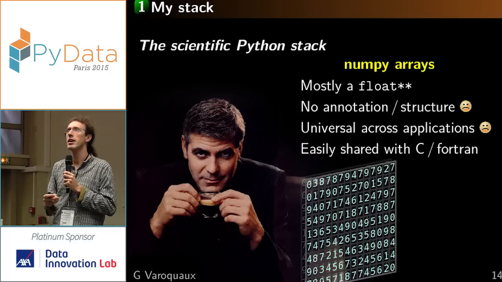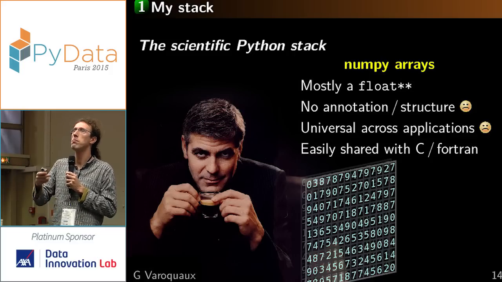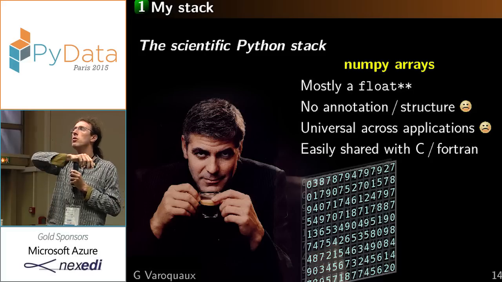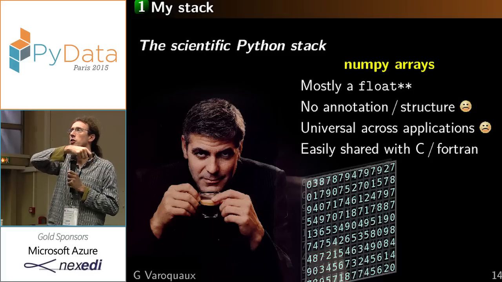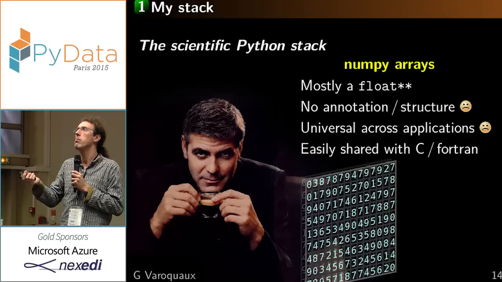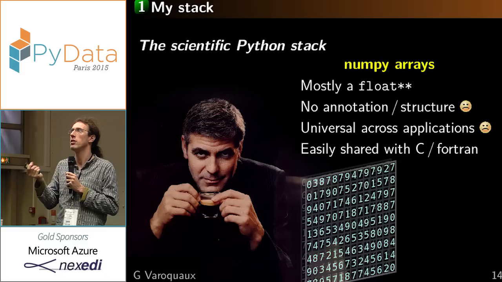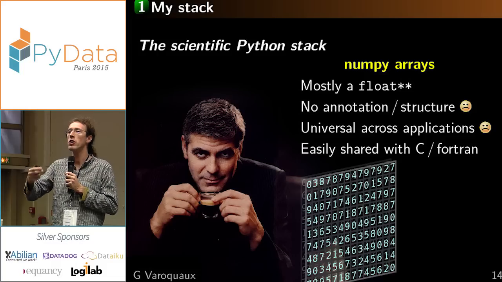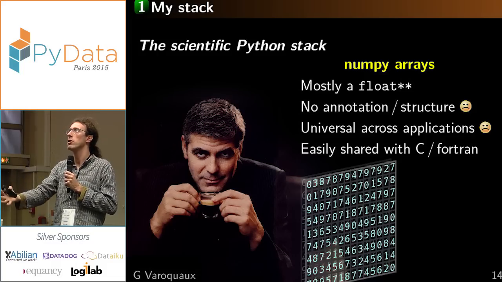Now, the downside is that it has no annotation or no structure. I remember in 2010, we got a review on an abstract for a conference for scikit-learn that told us, you can't do machine learning with NumPy arrays. They're not rich enough. You need more to do machine learning. And we wanted to use the less rich abstraction that could allow us to do machine learning because it was what would be common.